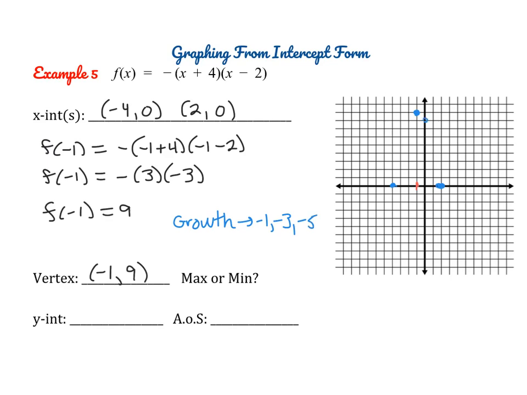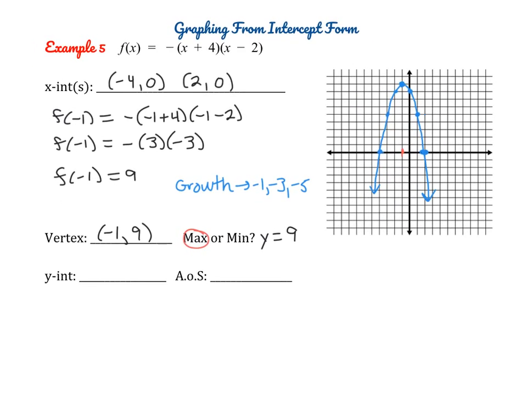So down 1 over 1, down 3 over 1, right here, and then down 5 over 1 brings you to your x-intercepts. There we go. For this one, since it is a downward facing graph, due to that negative a value, we do have a maximum, and our maximum occurs at y equals 9, the y value of your vertex.